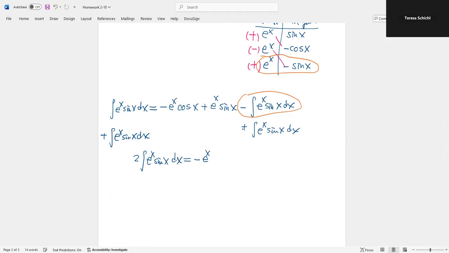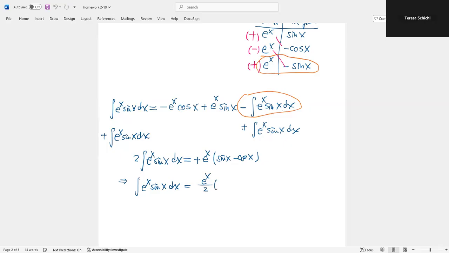I can, well, if I like, I can factor the e^x out, right? So if I factor the e^x out, I will get sine x minus cosine x. So finally, my integral of e^x sine x dx is going to be equal to e^x over 2, right?